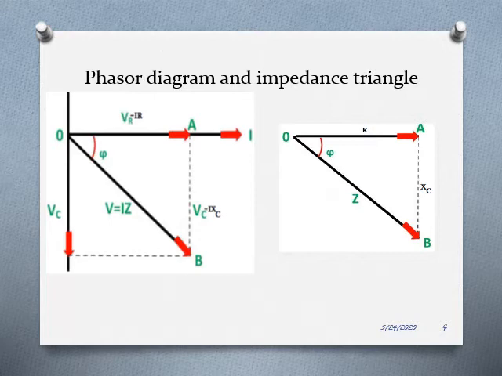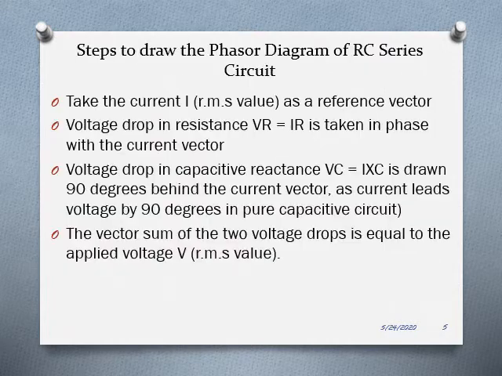If the current terms are avoided, then you get a right angle triangle OAB exactly from that phasor diagram, whose hypotenuse will be the impedance Z. The opposite side of the angle phi will be XC and the adjacent side will be the resistance R. Now if you look here, that phase difference phi is not 0, it is not exactly 90 degrees, but rather it is in between 0 and 90 degrees, just like the RL series circuit.